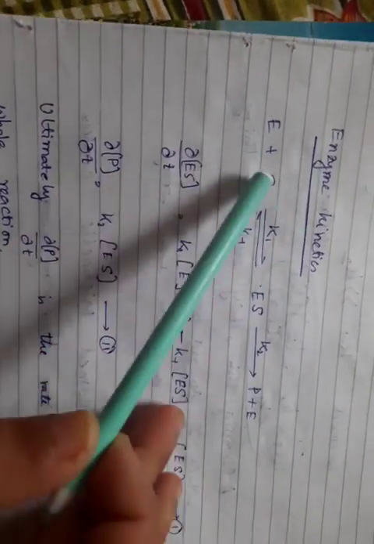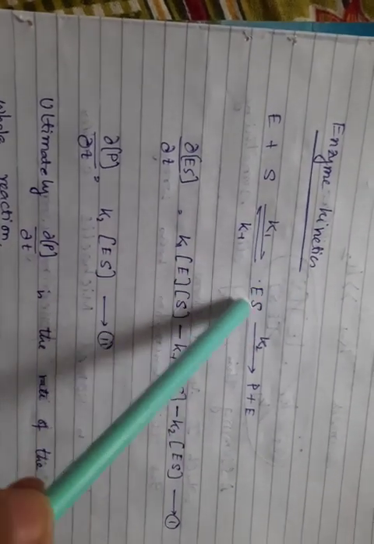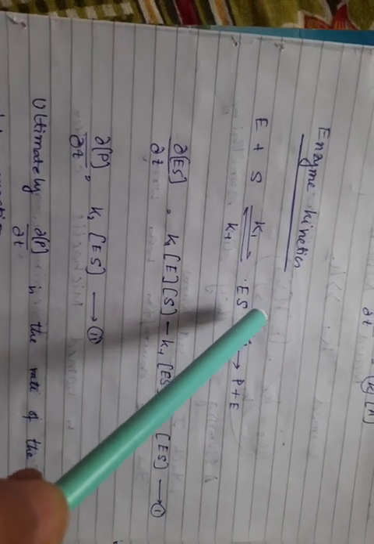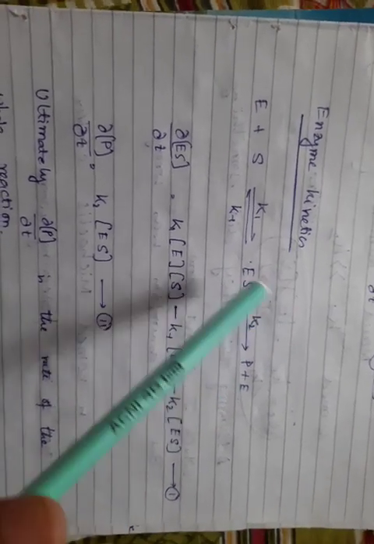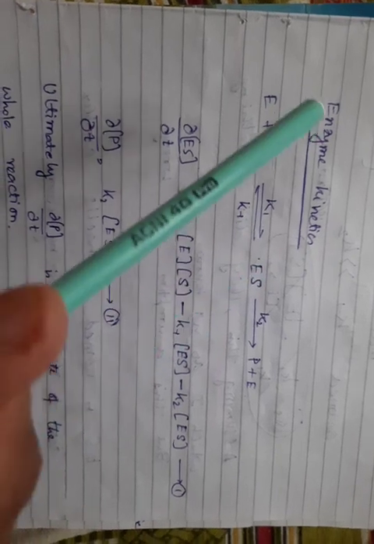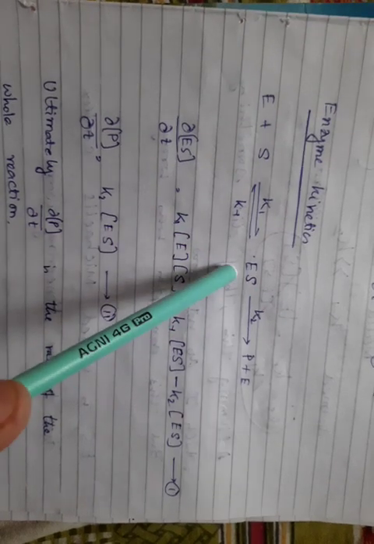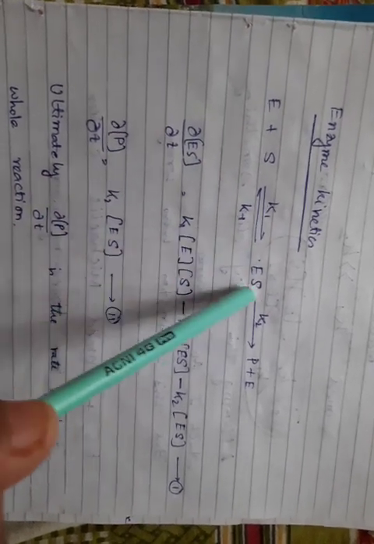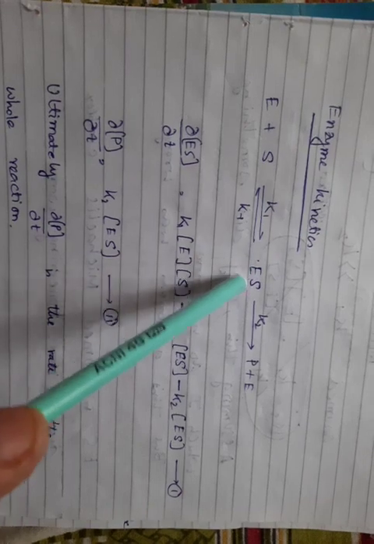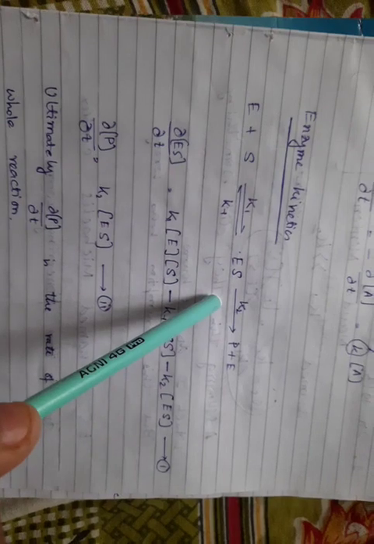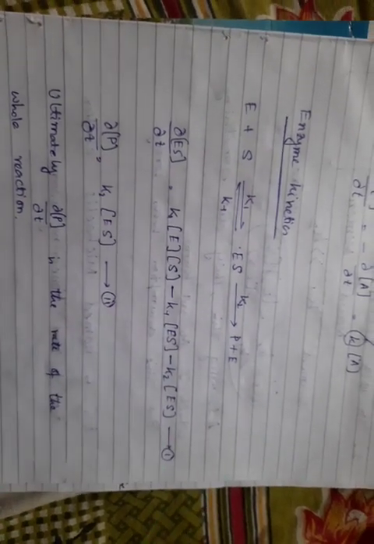So here, to know the rate of change of this one, we need to first calculate its conversion from this one to this one. Since it is reducing, it is negative, and this one to this one is also negative.